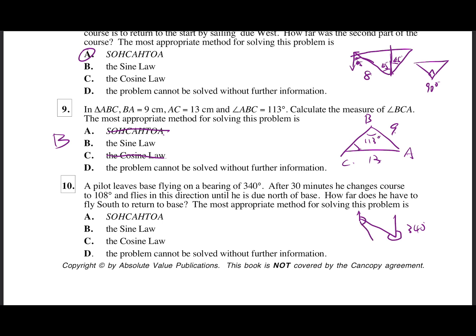How far does he have to return? Here we choose D, we cannot solve this one, because the 30 minutes is given and we don't know the speed, so we don't know any length of a side, so we cannot solve this problem.